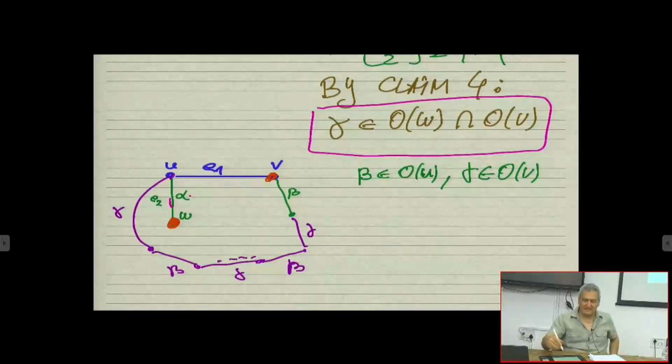We have such a path P. My question is, can it happen that W belongs to this path?